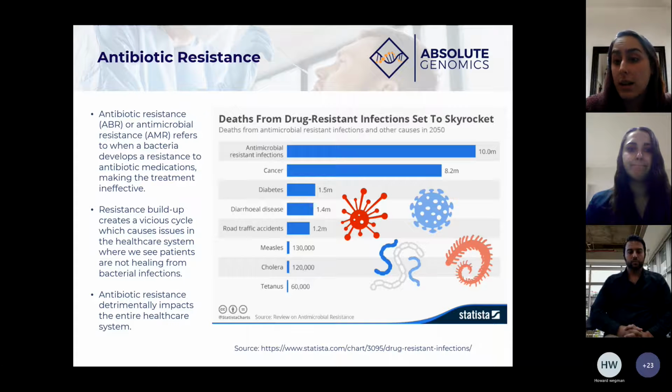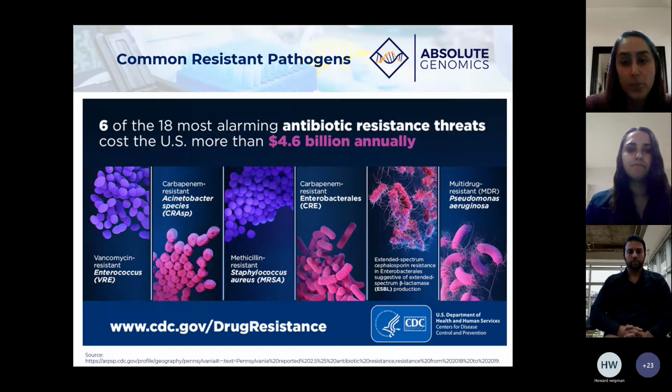But first, I'd like to highlight a few key pathogens where antibiotic resistance is common and a significant source of concern in healthcare. So here is a CDC infographic listing some of the most prevalent pathogens, some of which you should be seeing in your patients with bacterial infections. Now, MRSA is something that we're all very familiar with, especially in wound infections, particularly among the elderly.